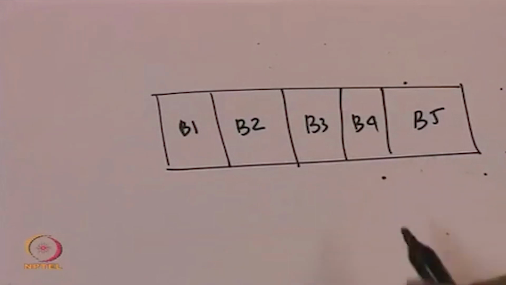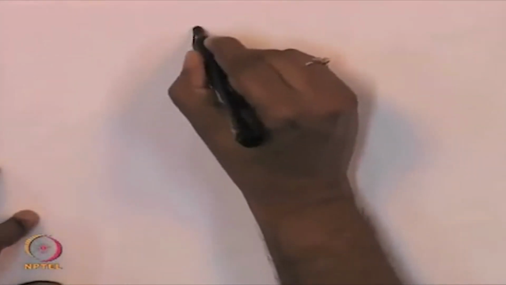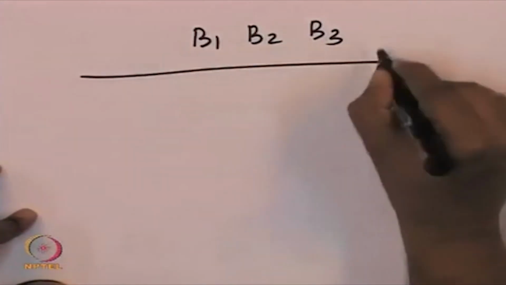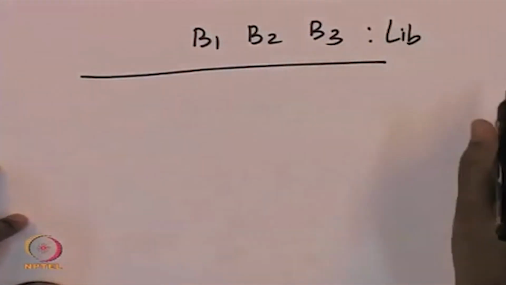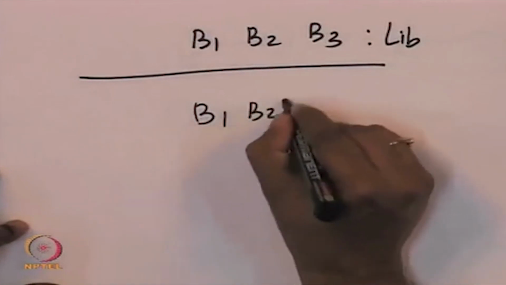On the other hand, at our home, we have many ways of arranging these books. So, let's simplify this and make it only 3 books, so that it is easier to write down all the arrangements. In the library, the books will be arranged B1, B2, B3. But at our home, one day we might be arranging it B1, B2, B3.